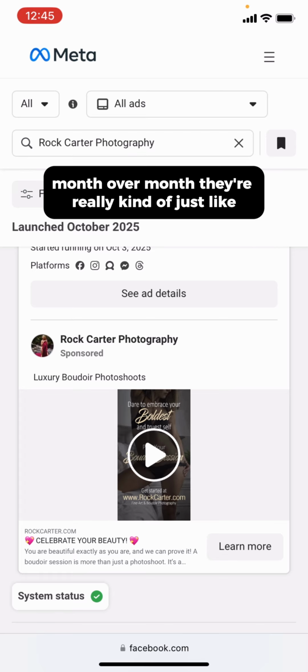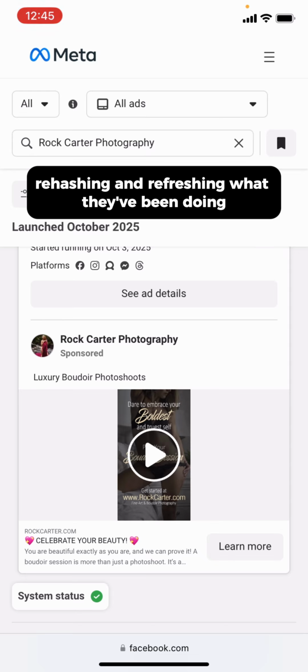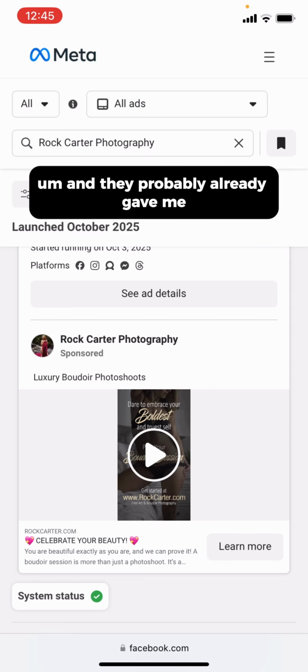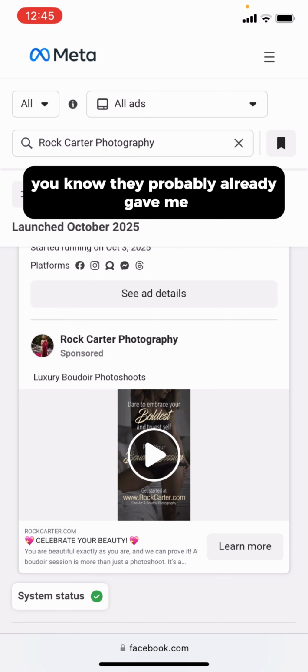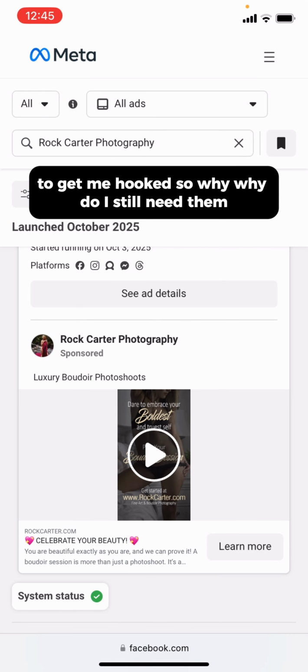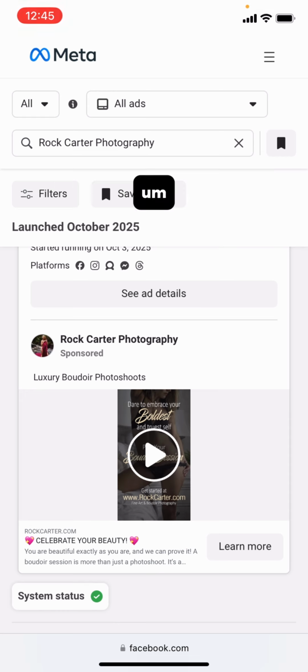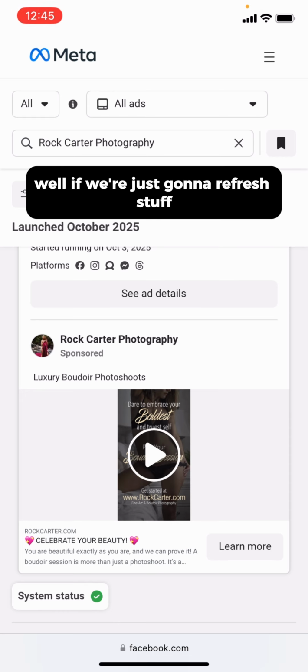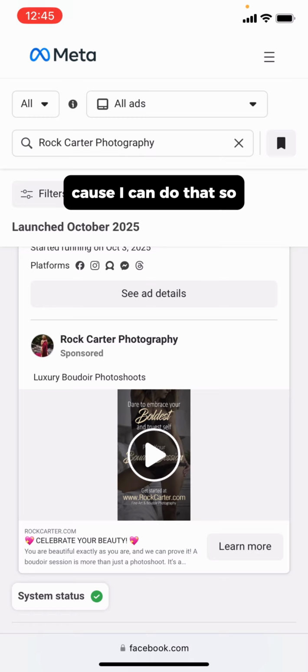They're really just rehashing and refreshing what they've been doing. And they probably already gave me their best ads in the beginning to get me hooked. So why do I still need them? And they're like, oh, well, if we're just going to refresh stuff, I might as well just do it on my own because I can do that.